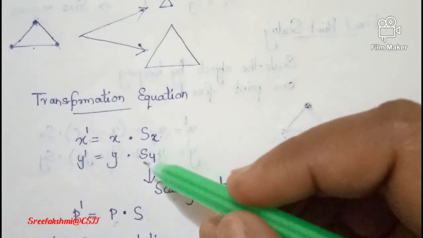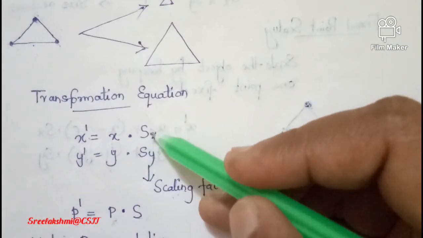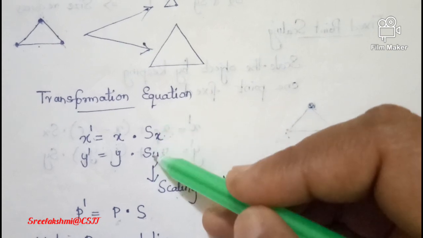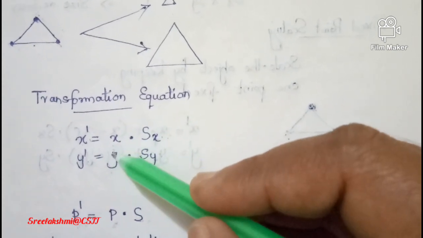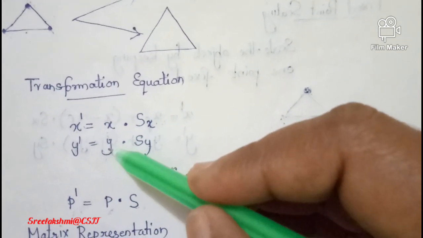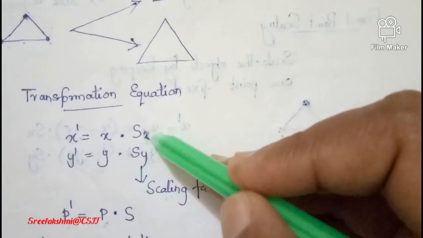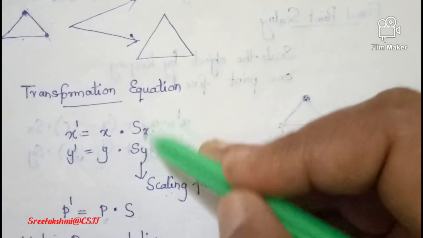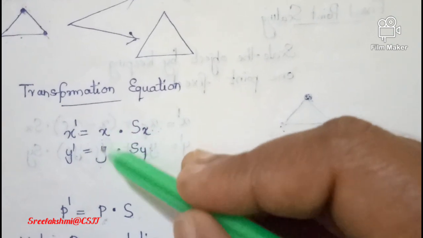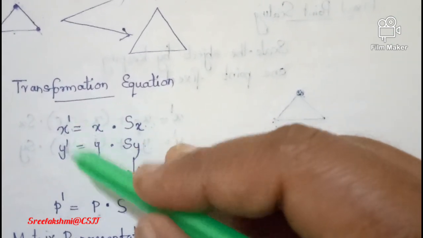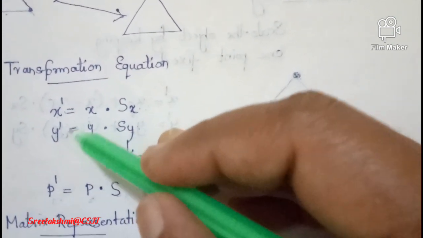As I said, in translation we have to add the translation factors to the xy values. But here in scaling, instead of adding, you have to multiply the scaling parameters to the xy values. Only then you can get the new xy positions.